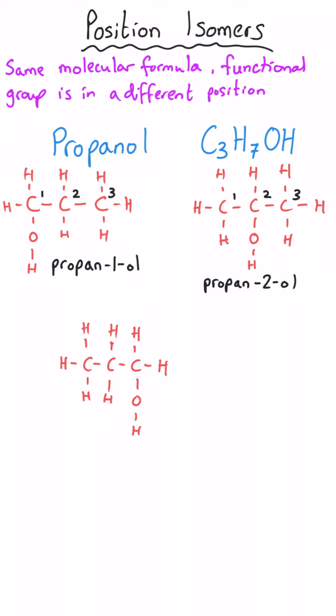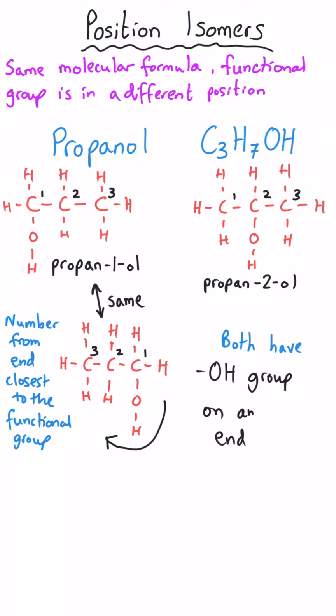You might think that there would be a propan-3-ol if the OH was on the right hand of the 3 carbon atoms, but these molecules are not static. They can move around, they can twist, they can flip over. So if we were to have a propan-3-ol, all it would be is exactly the same as propan-1-ol, just turned around or rotated, however you want to think about it. So position isomers, something you need to know about for A-level chemistry.